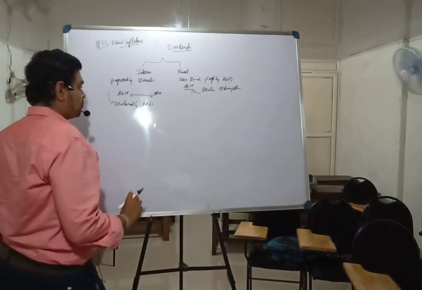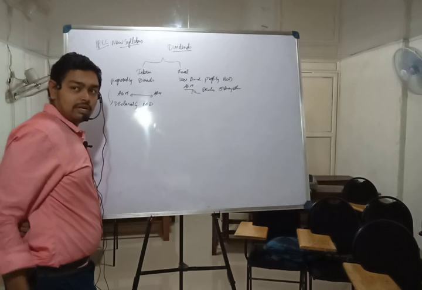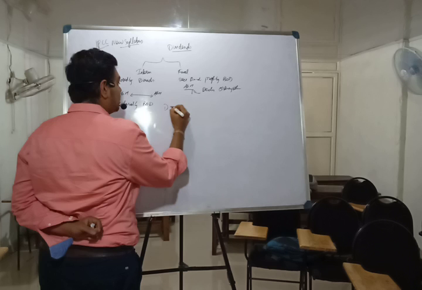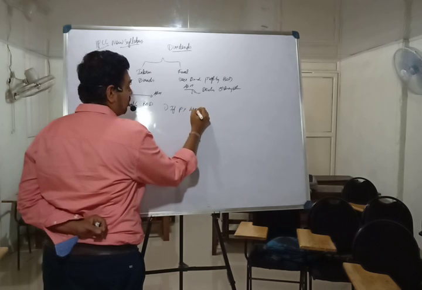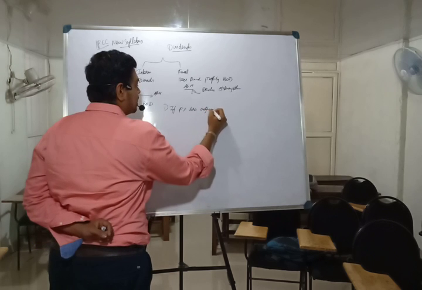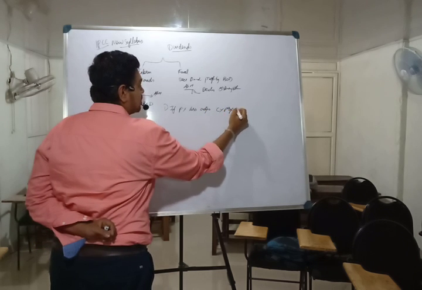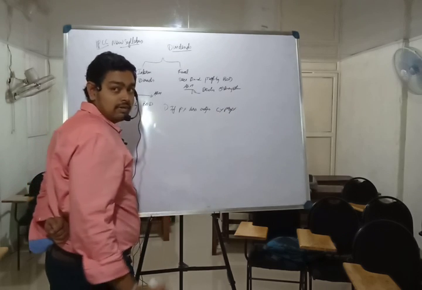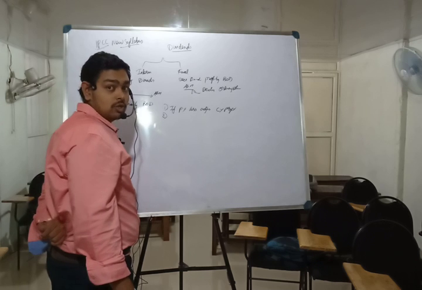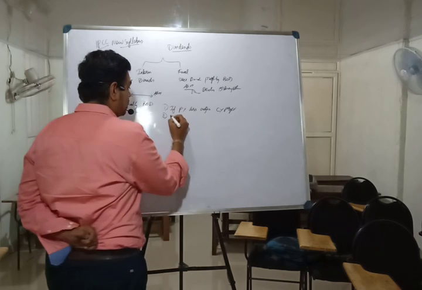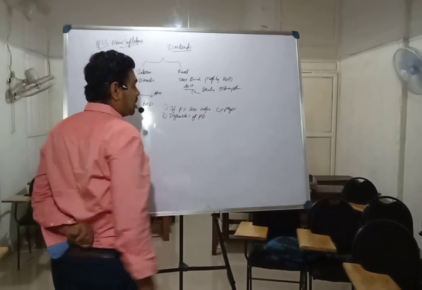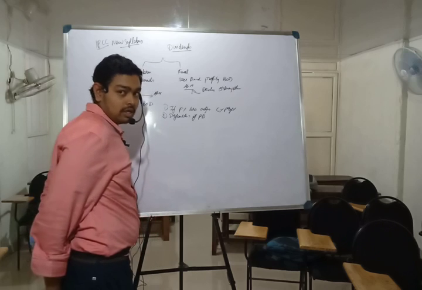Understood? Now, before giving dividend, what should you keep in mind? Number one, if you have losses from previous years, that loss should be adjusted against the current year's profit. Then only you can declare dividend. If you are a defaulter of public deposits, you cannot declare dividend. Unless the default is made good, you cannot give dividend.